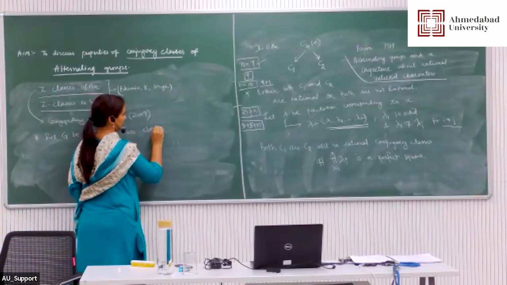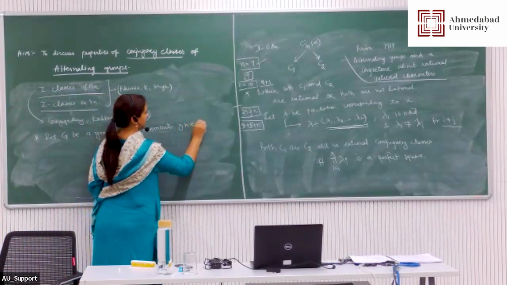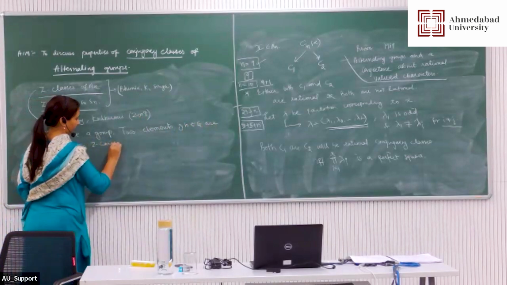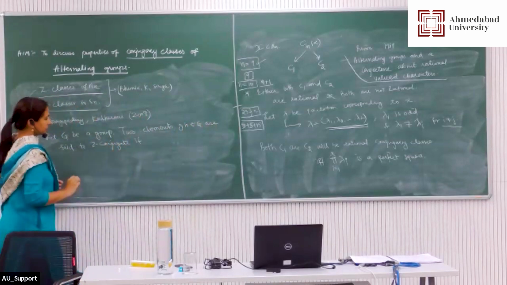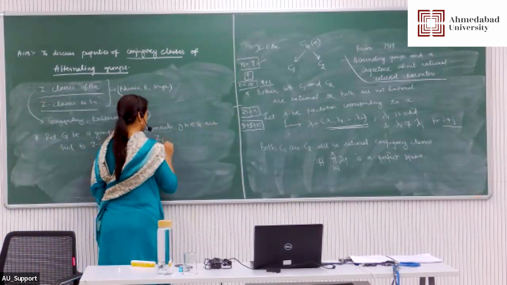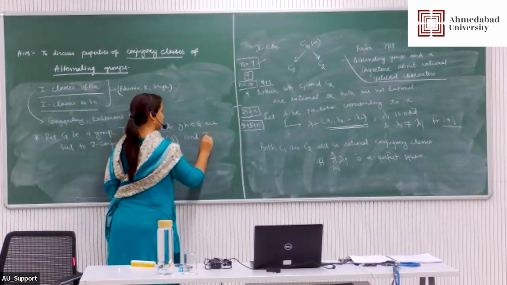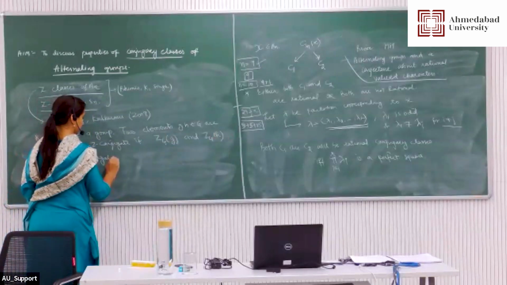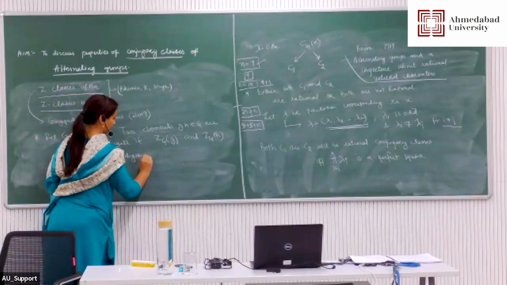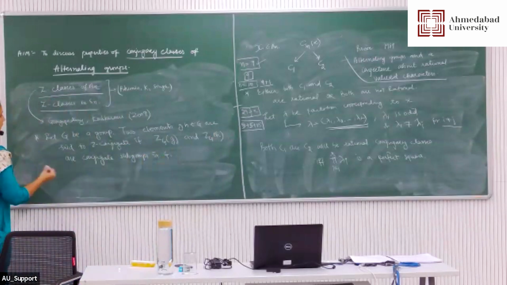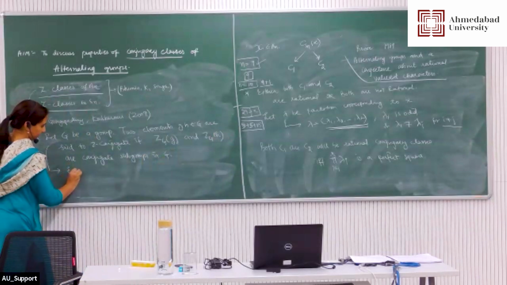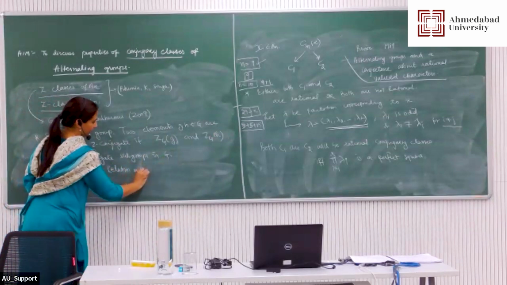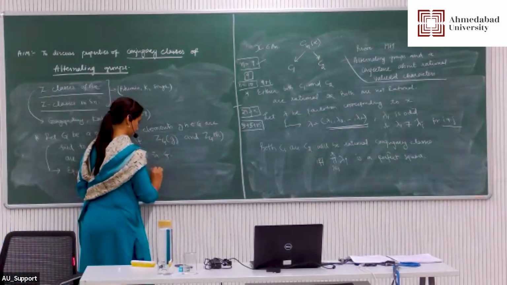Two elements g and h in G are said to be Z conjugate if the centralizer of g and the centralizer of h are conjugate subgroups in G. Again, this defines an equivalence relation on G, and the equivalence classes are called Z classes.